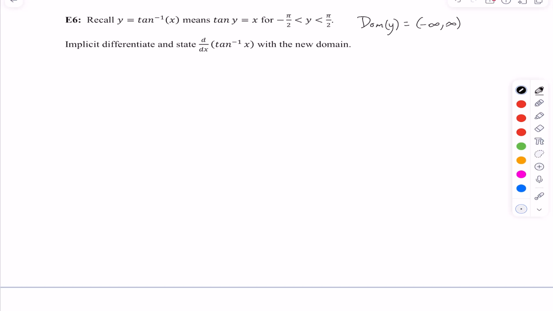But we're going to go ahead and implicit differentiate this as well and see what happens. Remember to use the chain rule. There it is. It just took place.